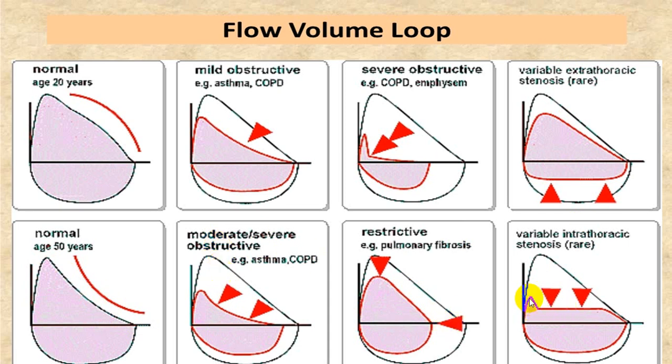You can see here, expiration is restricted. So this is an intrathoracic obstruction, and if this is close to normal and this is reduced, this is extrathoracic. So inspiration will be affected during extrathoracic, expiration will be more affected during intrathoracic.